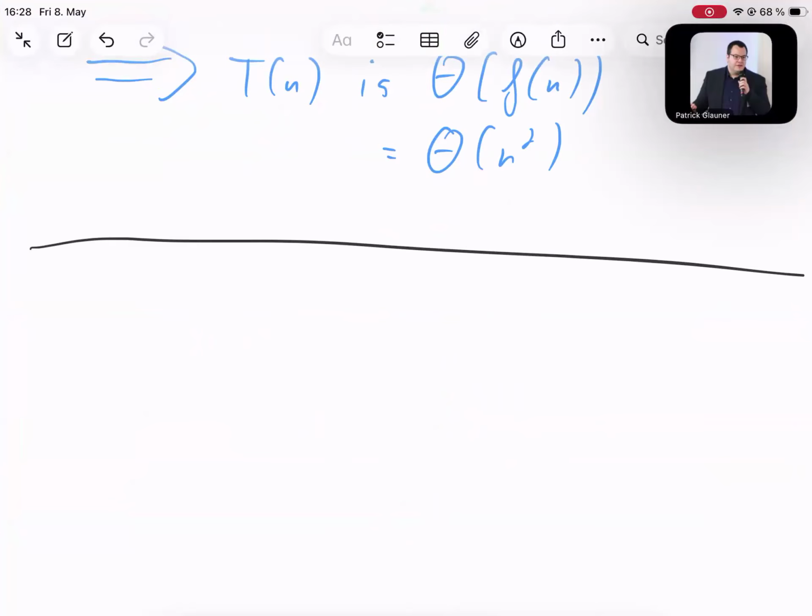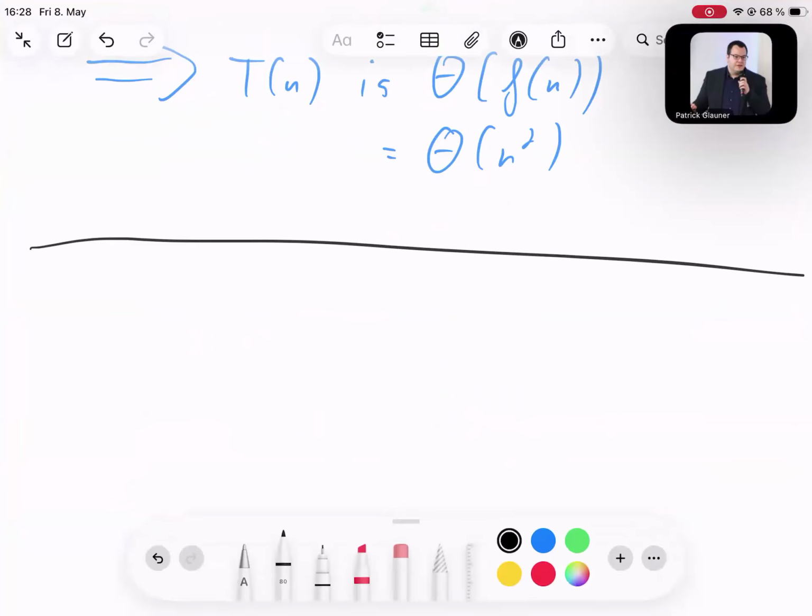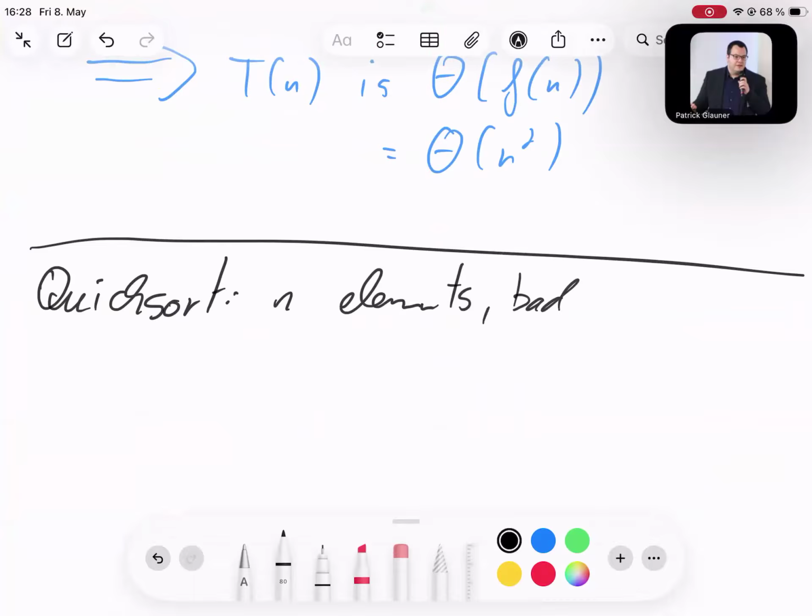It would be cool if, because nothing can go really wrong with your guess. So I want to know, quicksort, n elements, bad pivot, it's O of what?